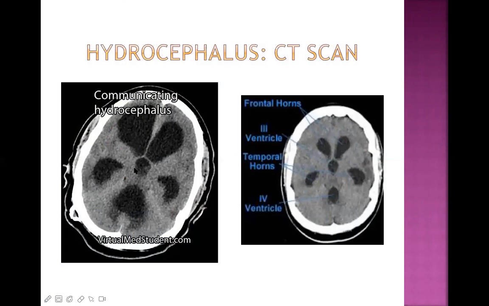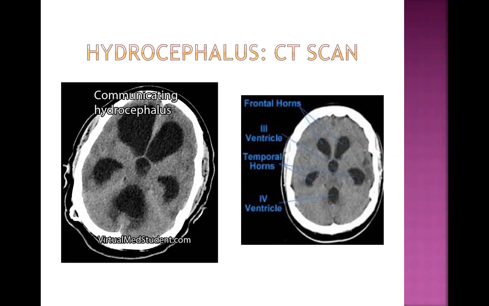They have different horns. This is the third ventricle, and this is the fourth one. So all are dilated. This picture is describing the same thing. See there, frontal horns, third ventricle, fourth ventricle, and the temporal horns of the lateral ventricle. All are dilated.